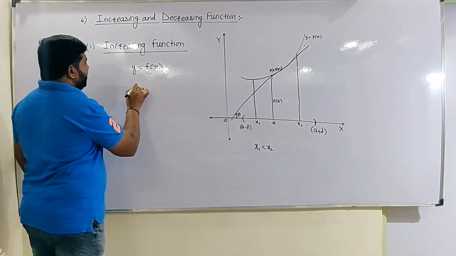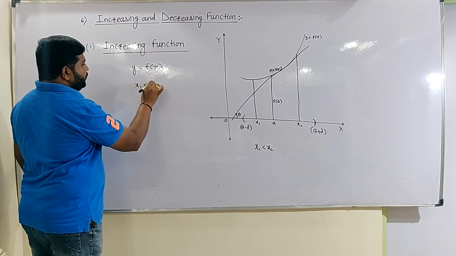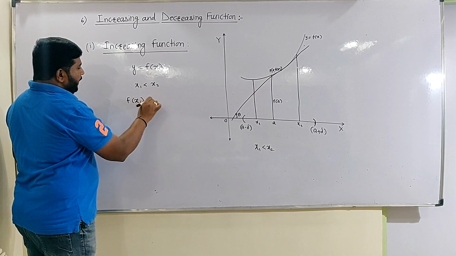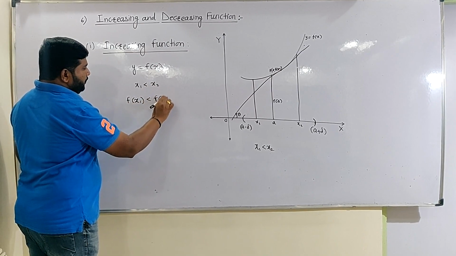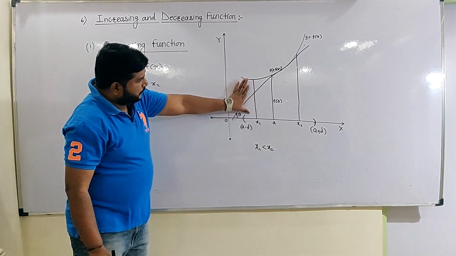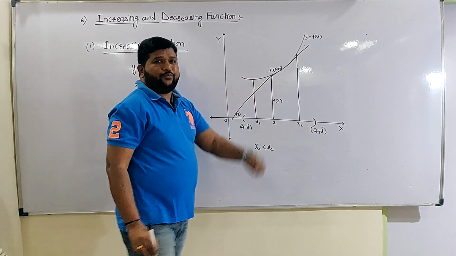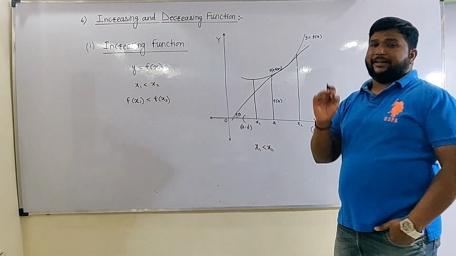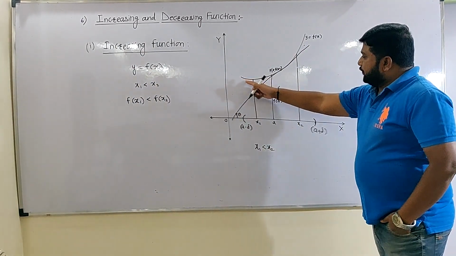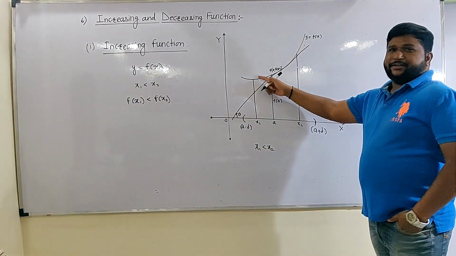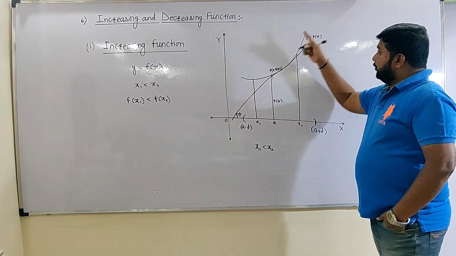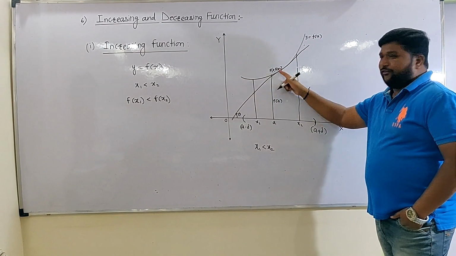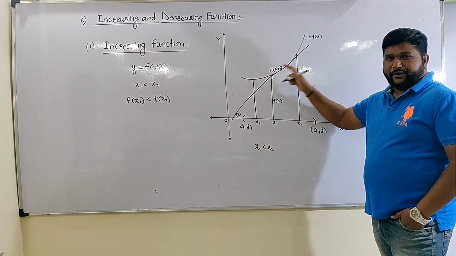Therefore, definitely f of x1 is less than f of x2. The statement of an increasing function is very clear. This function y is equal to f of x is rising from left to right, passing through the point P, whose coordinates are a and f of a.